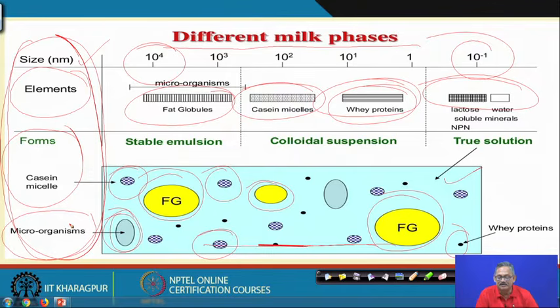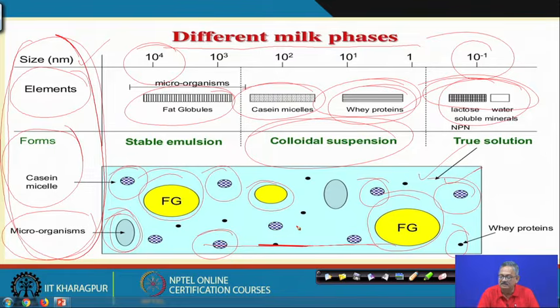So, this is one milk unique, as we have said earlier also. This is a true solution of lactose or soluble things. This is also a colloidal suspension of casein, right. This whey protein normally is soluble.